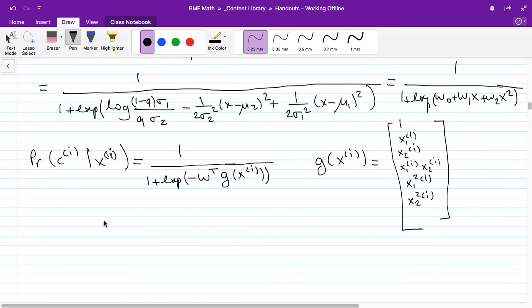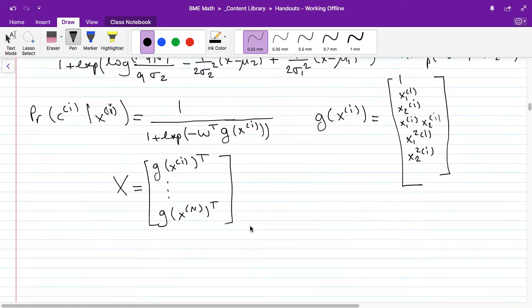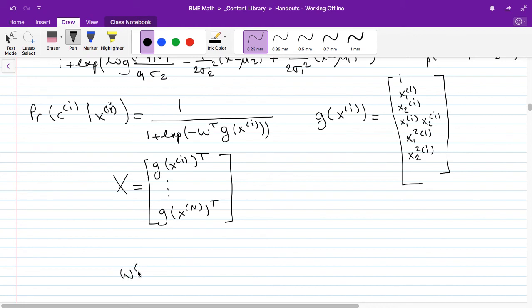And so if I now define the matrix X as g of x of 1 transpose down to g of x of N transpose, then my learning rule for this is w of n plus 1 is w of n plus (X transpose Q X) inverse times X transpose (c minus q).